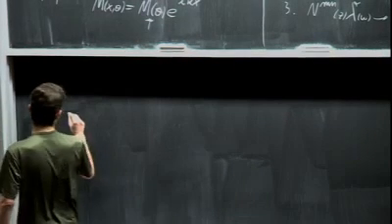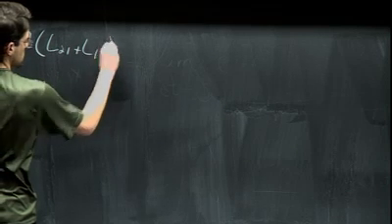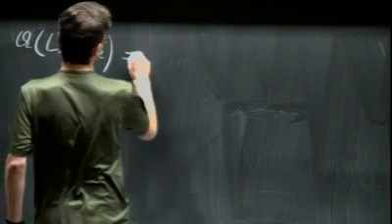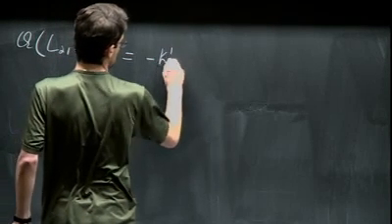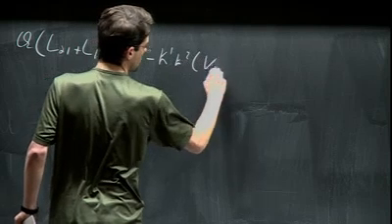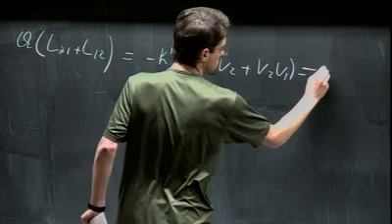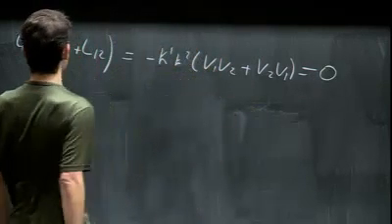Let's see what happens with computing the BRST variation of L21 plus L12, so the symmetric part of L. This is minus momentum 1, momentum 2, V1, V2 plus V2, V1. So this is 0 because they anti-commute.